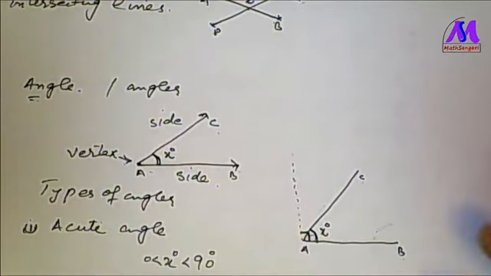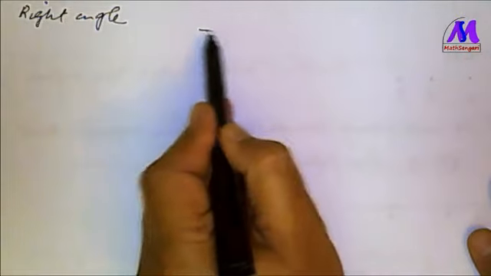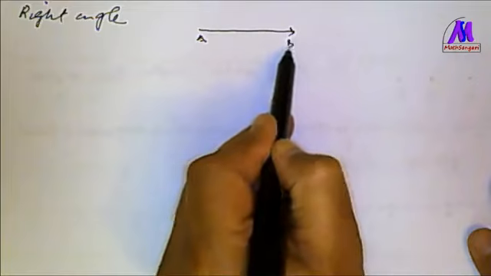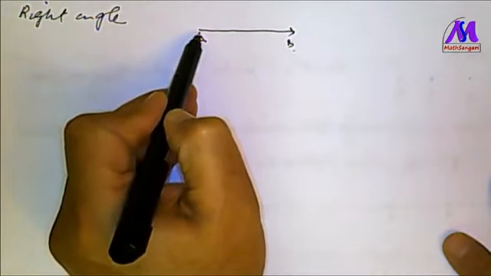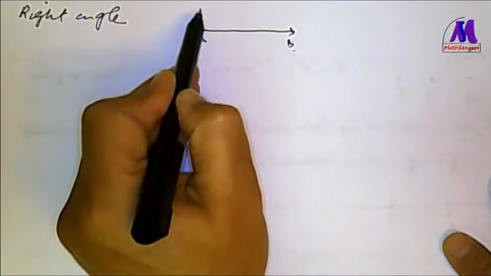Then come to the next type. The next type is a right angle. What is a right angle? It's already clear from the name. One ray here, AB, and another ray will be perpendicular to line AB. It must be perpendicular to AB.